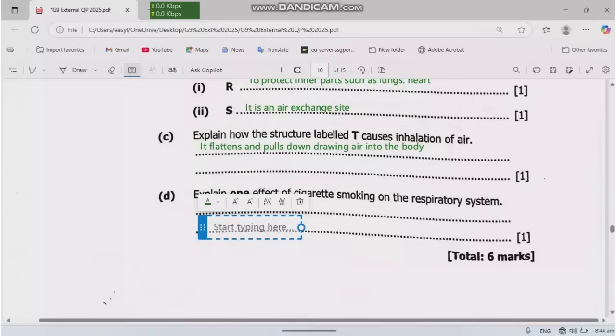Asthma. Very good. It brings about asthma. So I can say it causes asthma. I'm sure this is the spelling for asthma. It causes asthma. So if you are a smoker, you are likely to suffer from asthma.